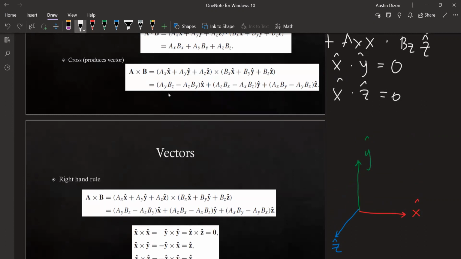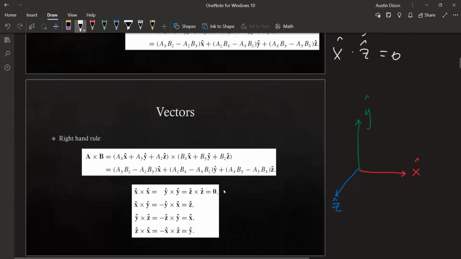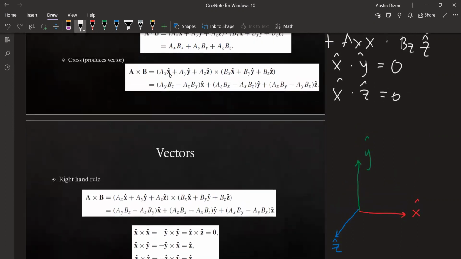And then, mapapansin natin sa sagot natin, there is 1, 2, 3, 4, 5, 6 terms. So, ano nangyari dun sa tatlong terms na nawawala? So, yung tatlong terms na nawawala is just yung multiplication ng mga x hat mo to the other x hat components ng kabilang vector mo.